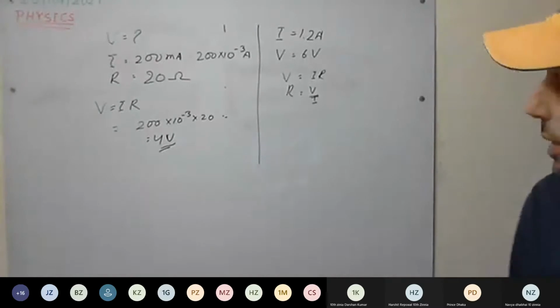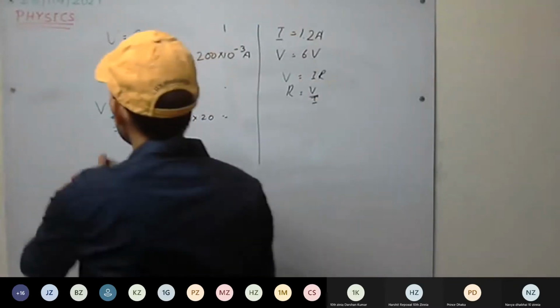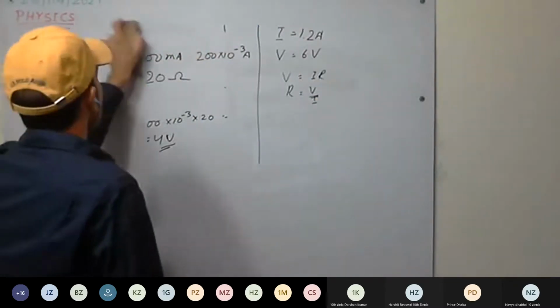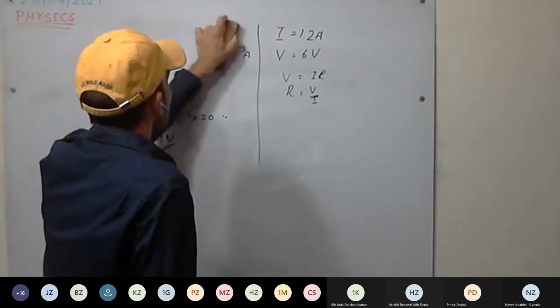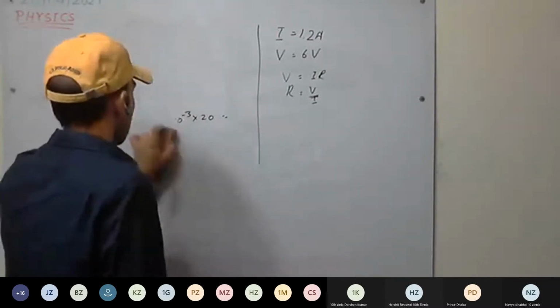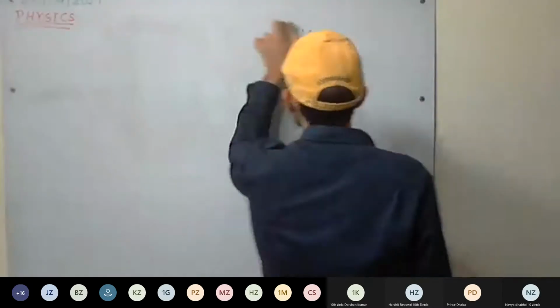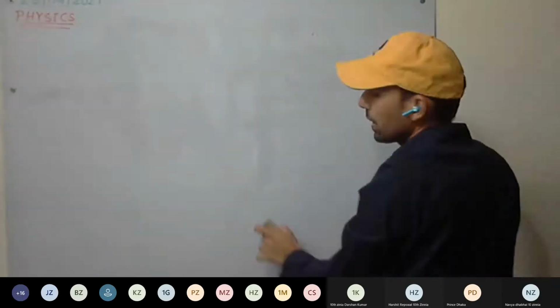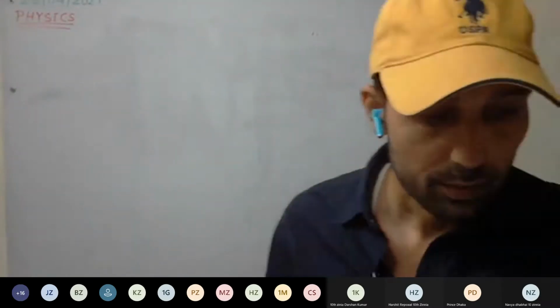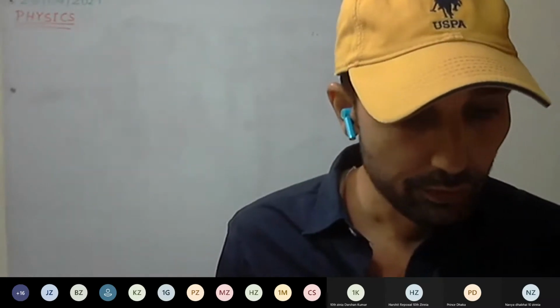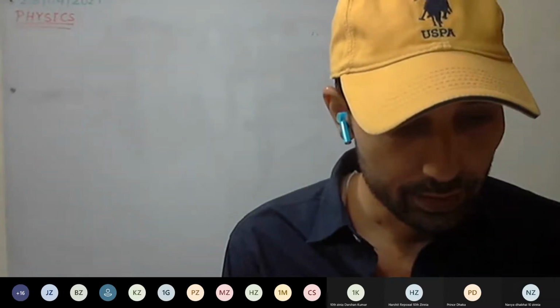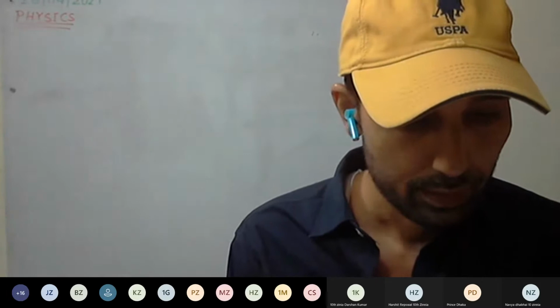Fifth one, read the fifth one. These are very easy. A car bulb connected to a 12 volt battery draws the current given here. What is the resistance of the filament of the bulb?